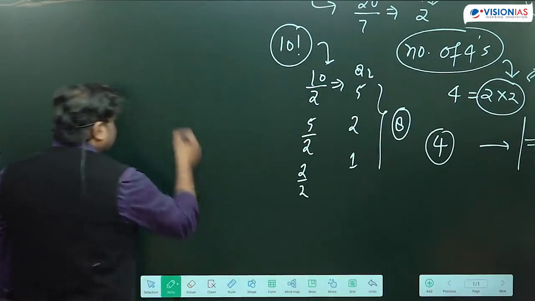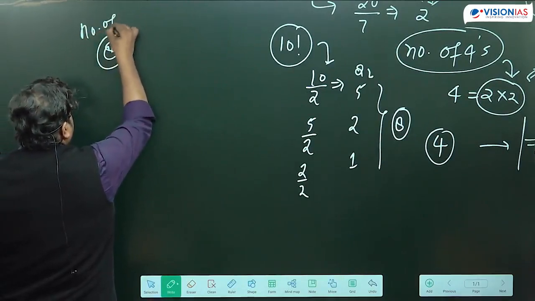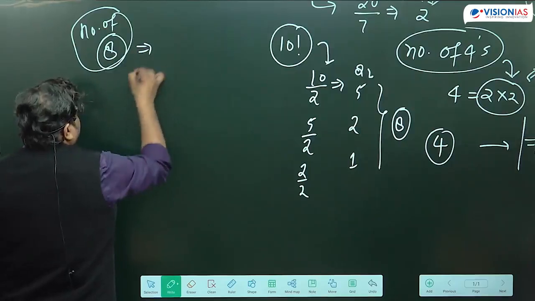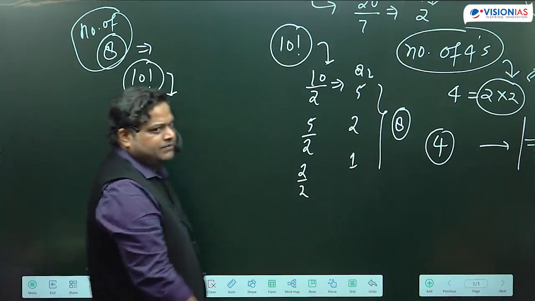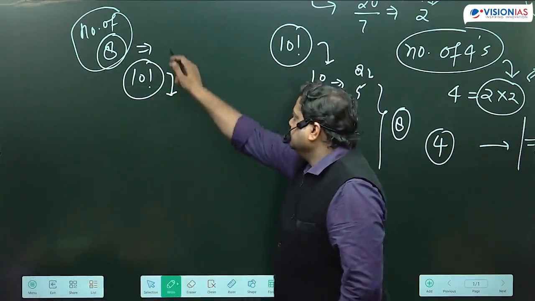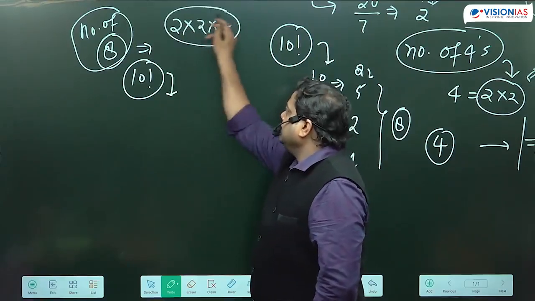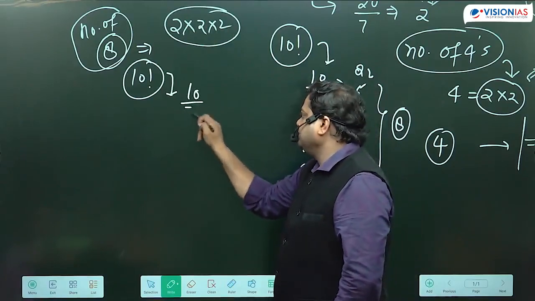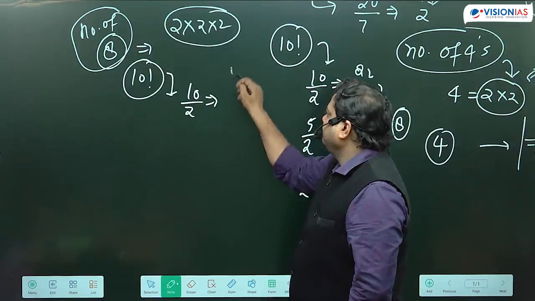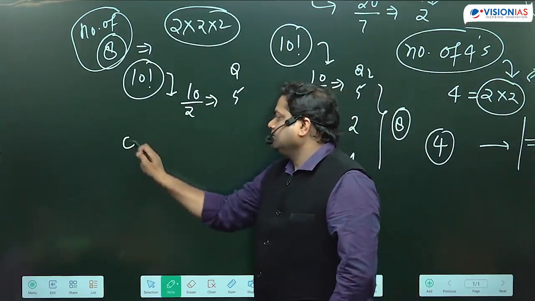If we want to calculate the number of 8s in 10 factorial, how can we get it? We see how we can write 8. With three 2s we can write one 8. So we'll try to get the number of 2s. Again it is 8. There are 8 2s.